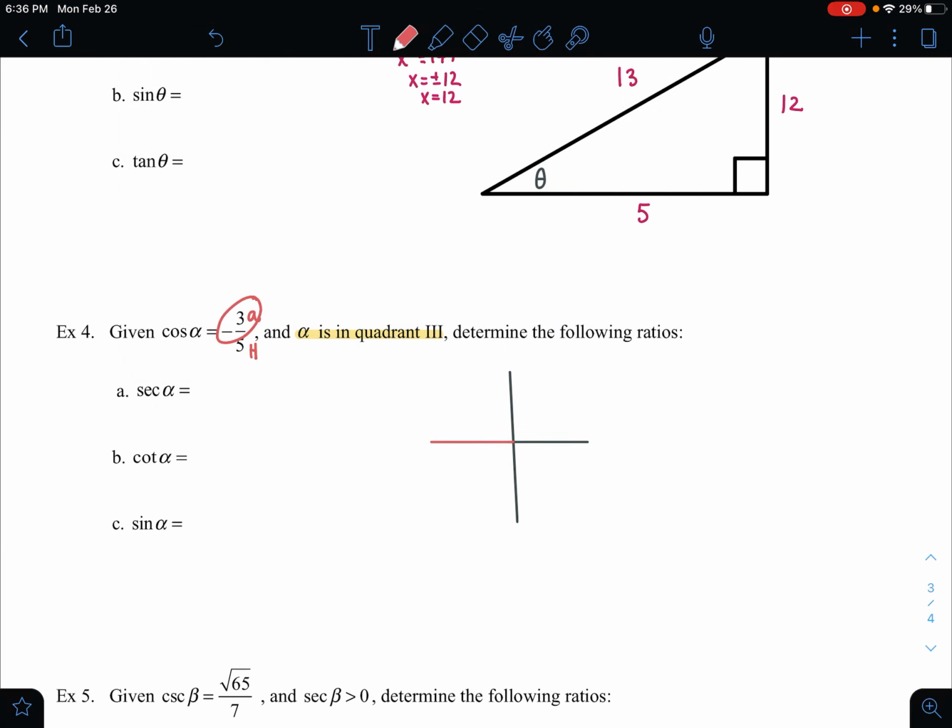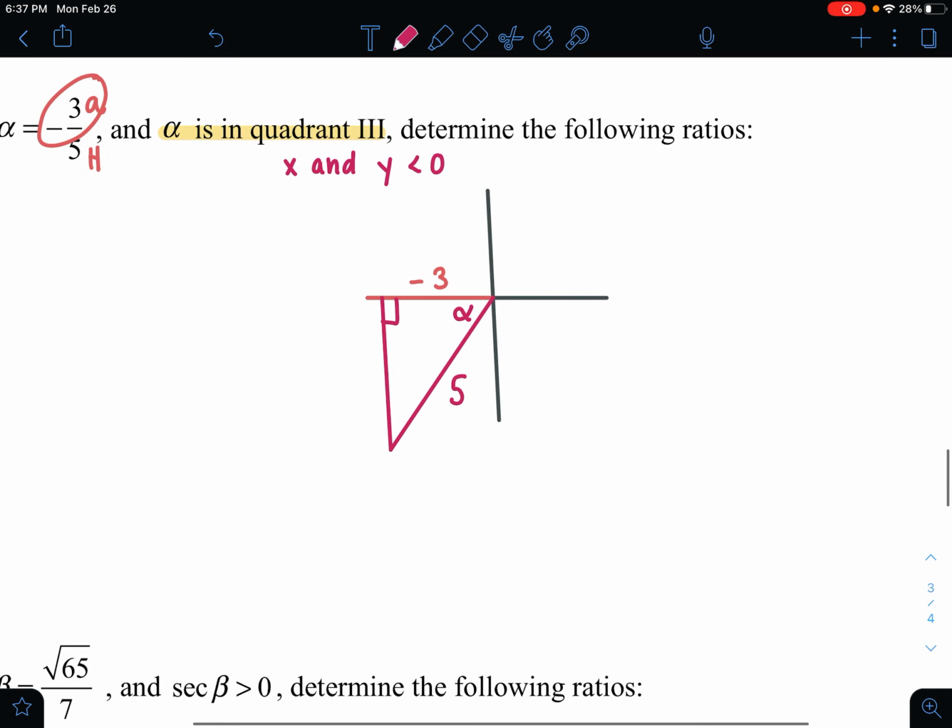We know that missing side must also be negative because it's in quadrant 3. So again, you can know your triples because it's a 3, 4, 5. If you don't remember them, you can do Pythagorean theorem. So we're solving for our y.